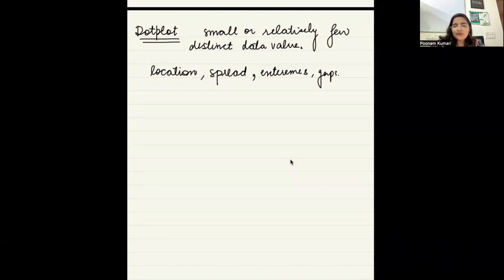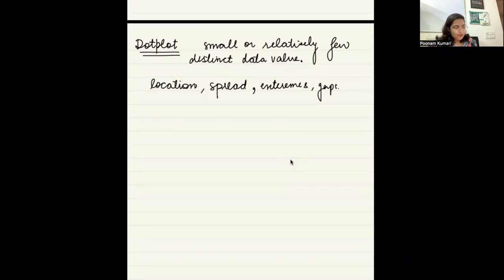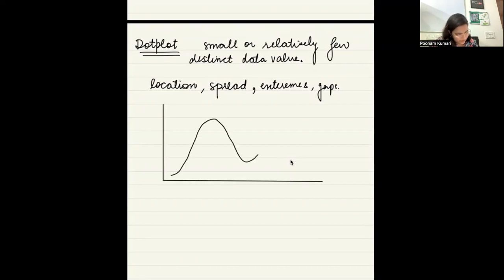When you have data like this, what will you call it? Bimodal.